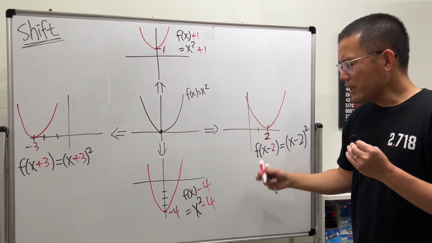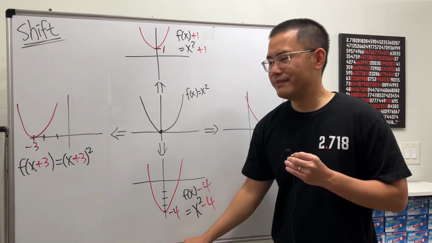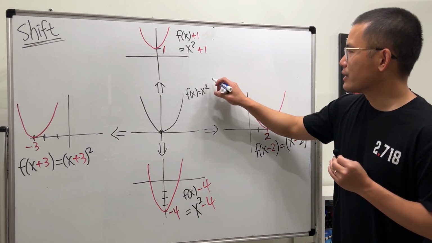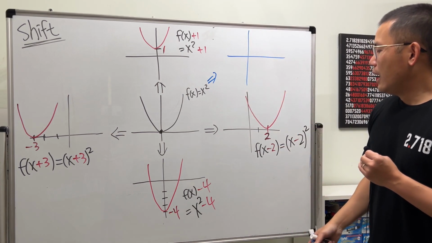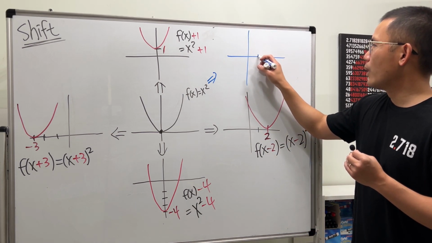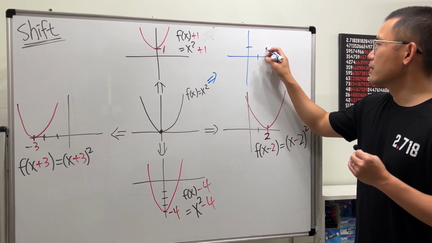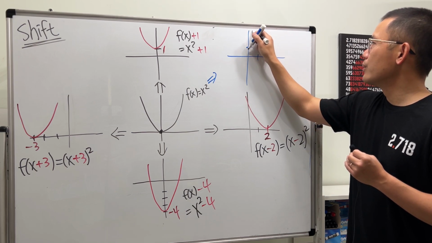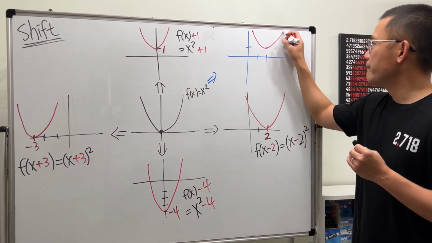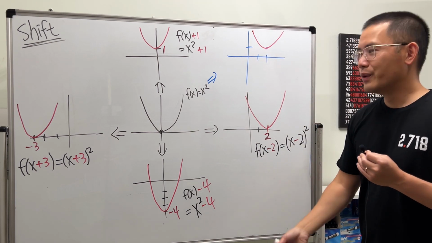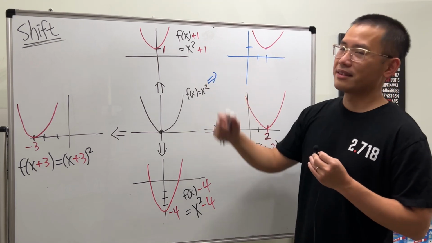Okay? But what if you want to go diagonally? Let's say I want to go diagonally, like this. So I will put down a picture like this. I want to go to the right 2 units, so 1, 2, and I also want to go up 1 unit, so like this, and then the graph will look like this instead, right here. Now how do we do it? Well, you just take this and that together.